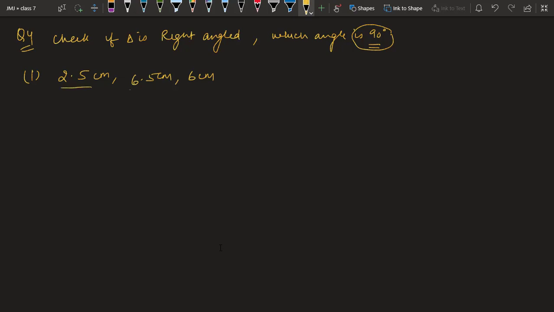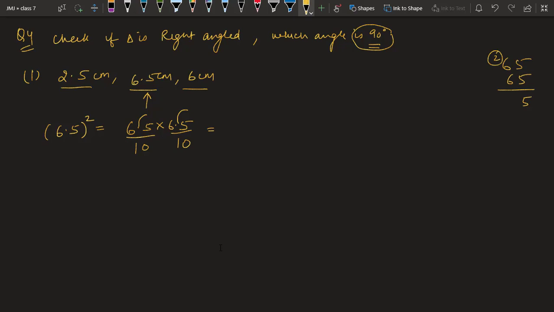If you want to assume hypotenuse, obviously you will take the longest side. So first we will find the square of the longest side. That is how much? 6.5 into 6.5. You can write it as 65 upon 10, 65 upon 10.